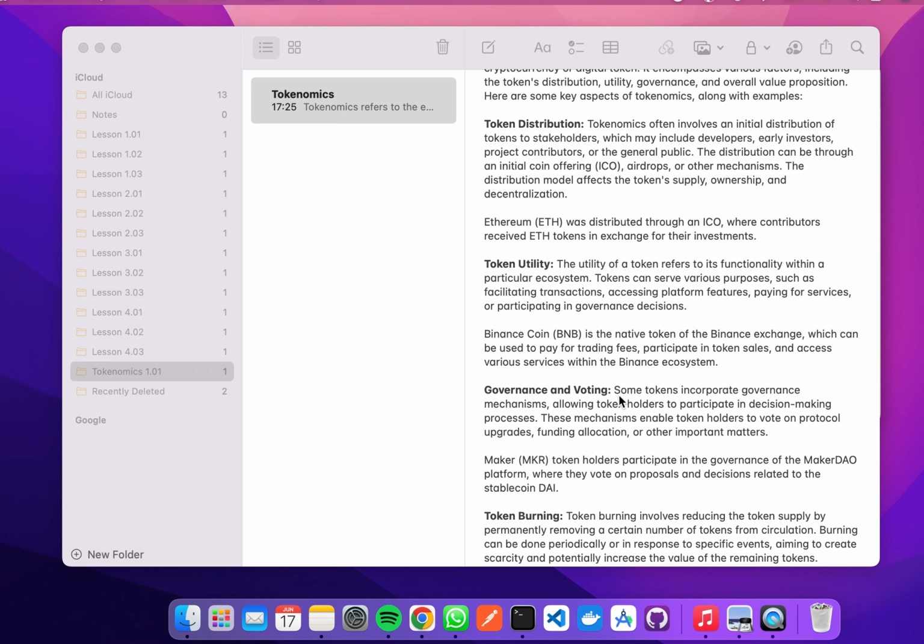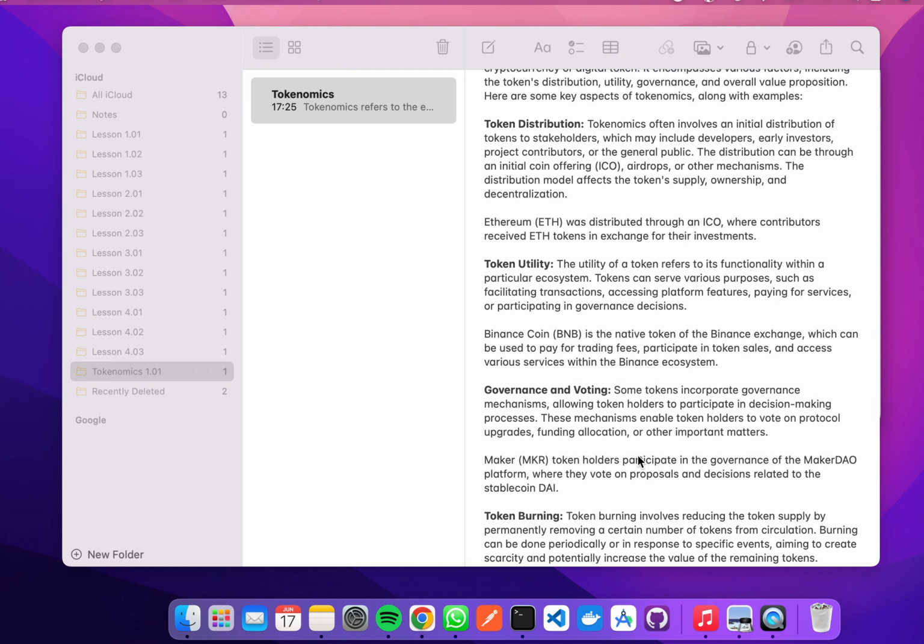The other thing is governance and voting. Some tokens incorporate mechanisms allowing token holders to participate in decision-making processes. These mechanisms enable token holders to vote on protocol upgrades, funding allocation, and other important matters.